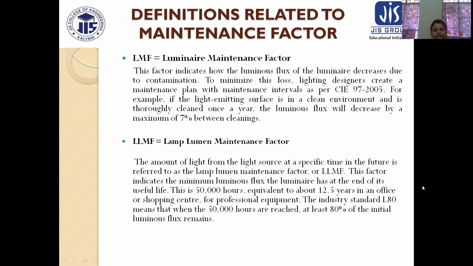This is 50,000 hours, equivalent to about 12.5 years in an office or shopping center for professional equipment. The industry standard L80 means that when the 50,000 hours are reached, at least 80% of the initial luminous flux remains.